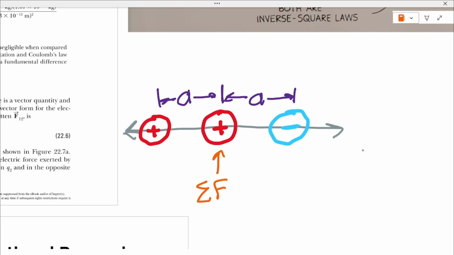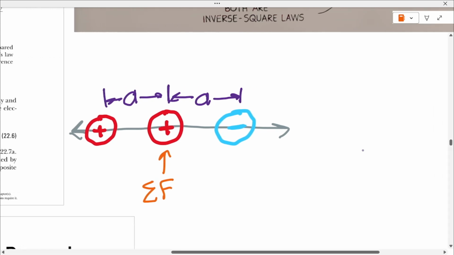So we're going to start off with Coulomb's law, and let's go left to right. So we'll start with the other positive charge. We're going to number these charges 1, 2, 3.